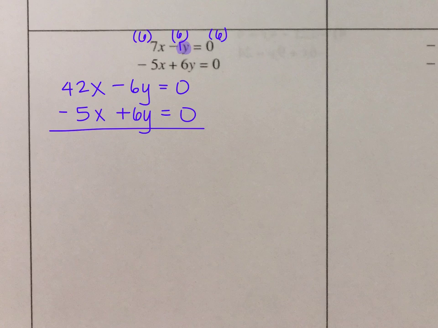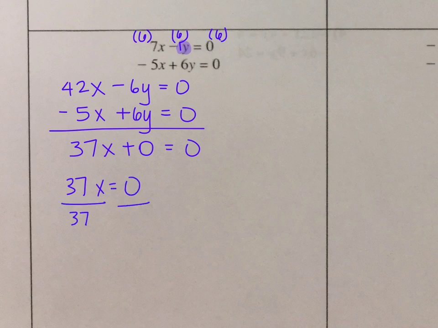So I just do 42 minus 5, that gives me a 37x plus 0 equals 0. All right, don't hate the zeros. 37x equals 0. I divide both sides by 37, and I get 0 for my x value.